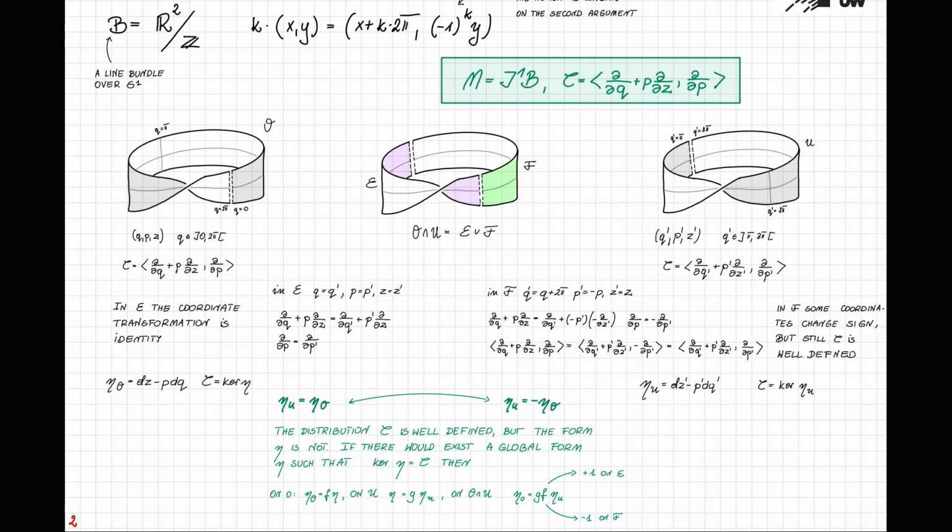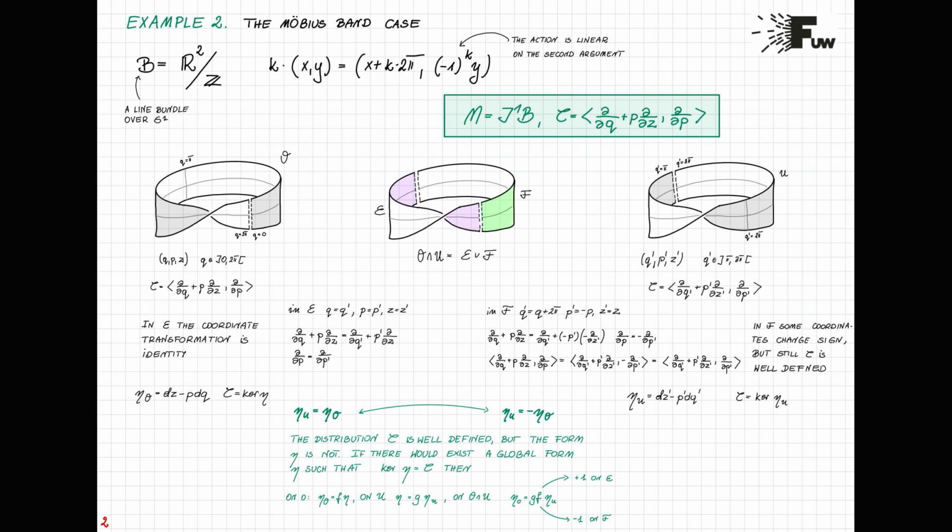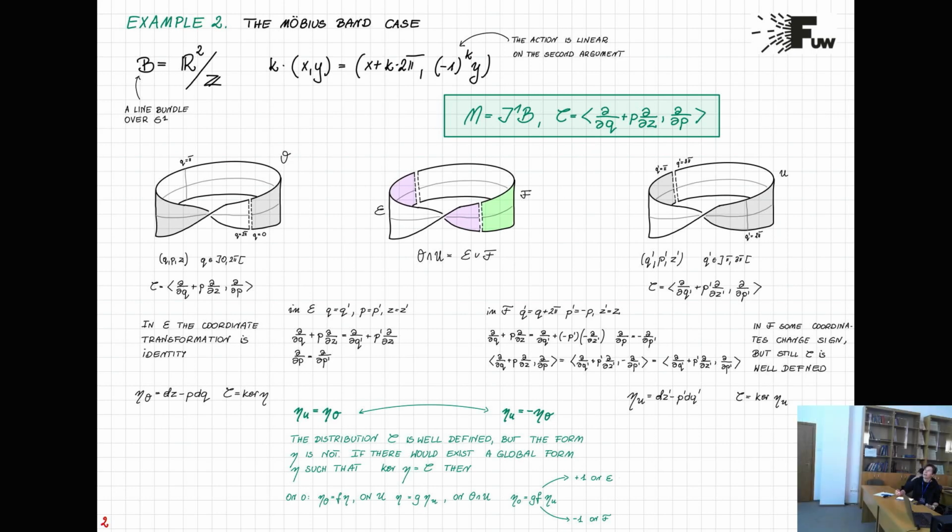So it is impossible, because the Mobius strip is a connected manifold. So this time we have obtained again a well-defined distribution. However, this distribution is not a kernel of a global form, and this is the important difference with the previous example.